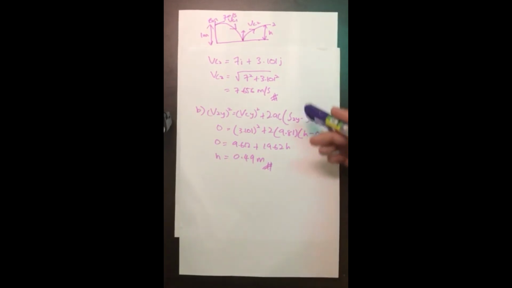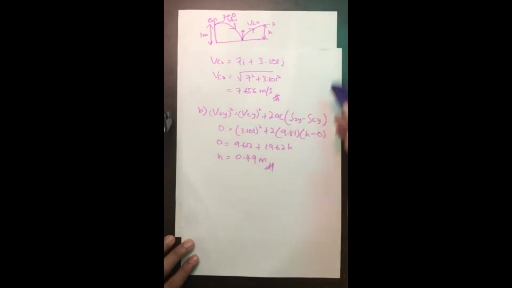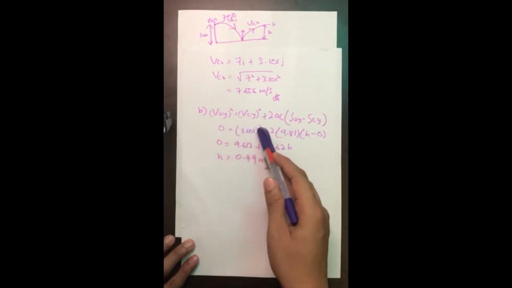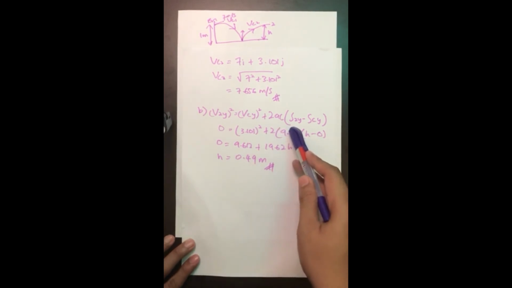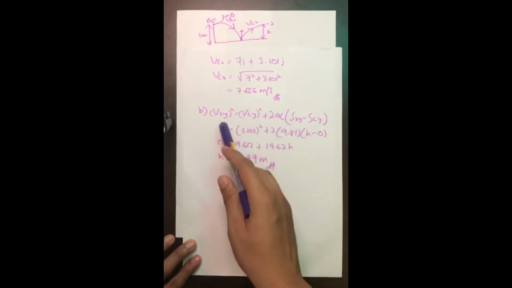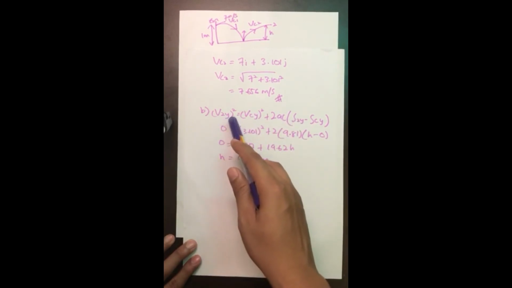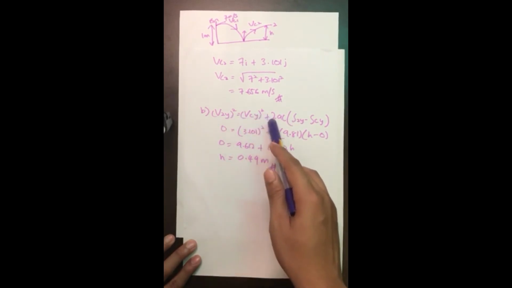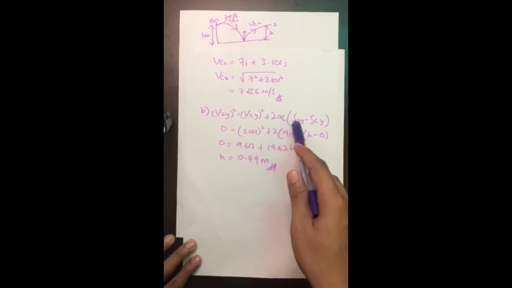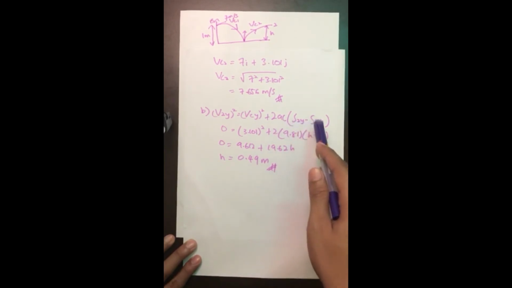The next question is to find this height. We use the vertical motion equation to solve this question. This is the equation of vertical motion: V2Y squared equals VCY squared plus 2 AC times S2Y minus SCY.